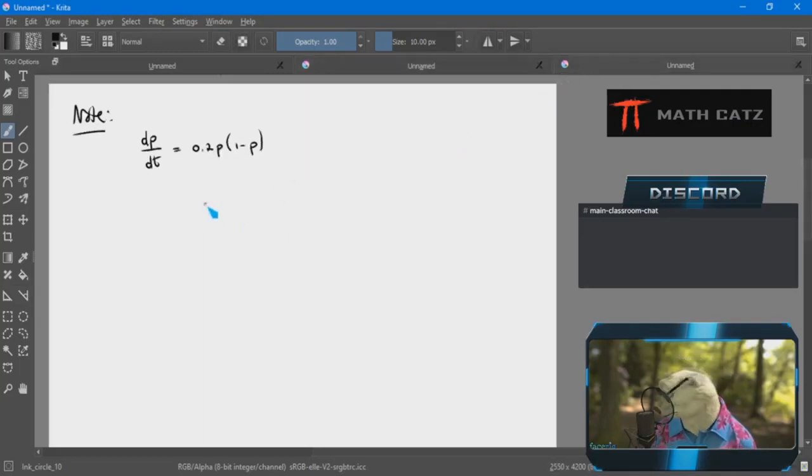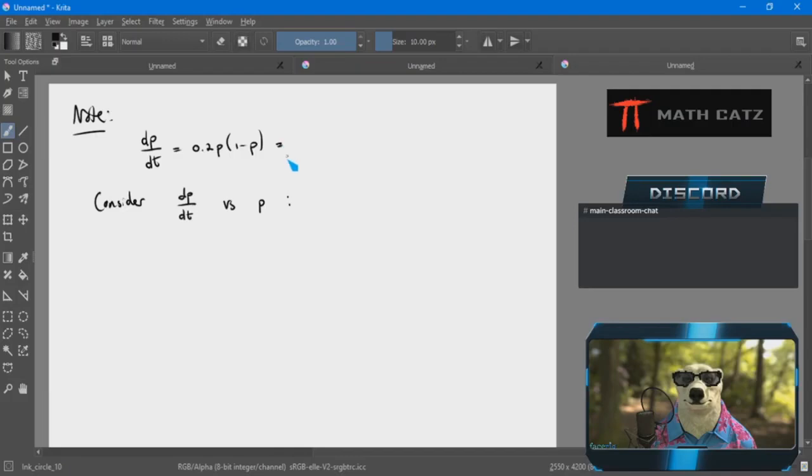Now we have our model. Instead of solving for p, finding my function that's a solution to this differential equation, I can consider what happens to the left-hand side versus the right-hand side.